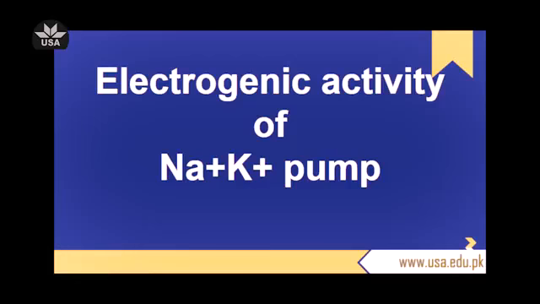The continuous activity of this pump reduces the number of positive charges inside the cell, in the intracellular fluid environment, increasing the negative charge inside the cell. That's why we say that sodium maintains the polarity of the cell, the negative charge inside the cell. This is called the electrogenic activity of the sodium-potassium pump.